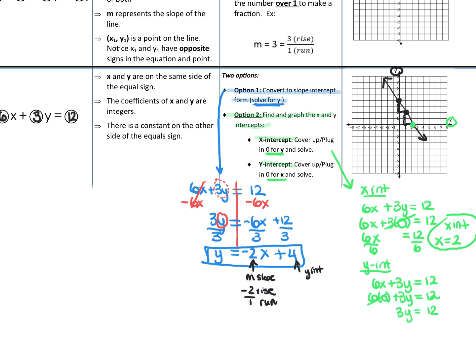And then to get the y by itself, you need to divide by 3 and divide by 3. So y equals 4. This is my y-intercept. So I go to my y-axis, and I put a dot at 4. And those two dots are exactly what I had before. It's the same line. So you can do it the blue way or the green way. Either way works.